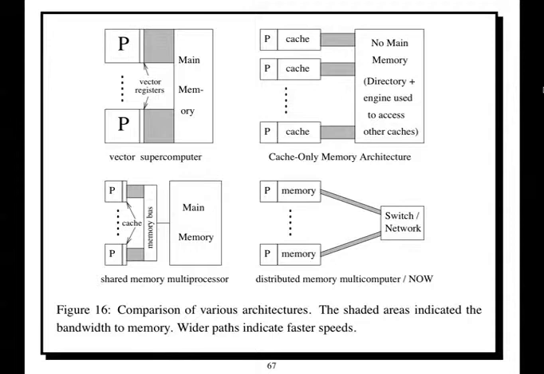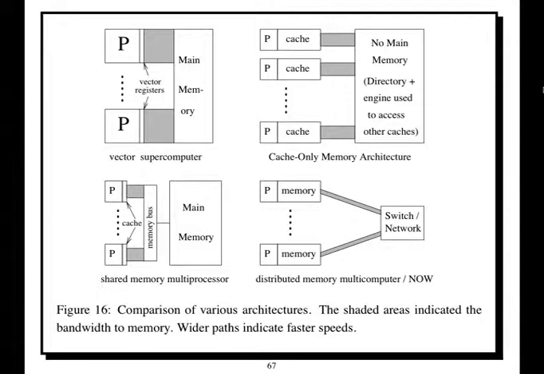And I've given 4 here that are more historical, perhaps, but they include the kind of vector supercomputer that dominated high-performance computing until 15, 20 years ago. The gray areas here represent the switches.